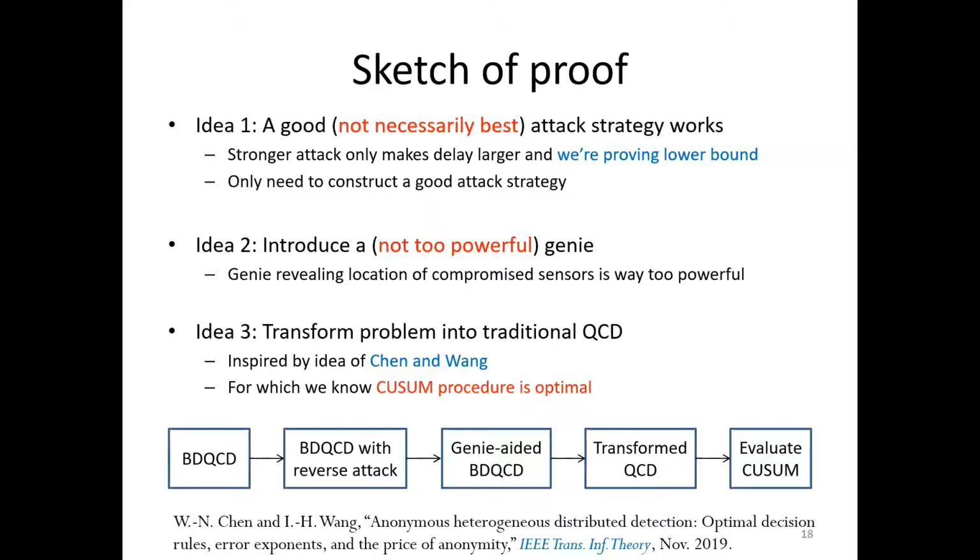So we know we can achieve the optimum by using the CUSUM procedure. Okay, so after that, we just use the CUSUM procedure to compute the delay scaling, and that will be a lower bound for this, and for this. Okay, so this is the sketch of the proof.